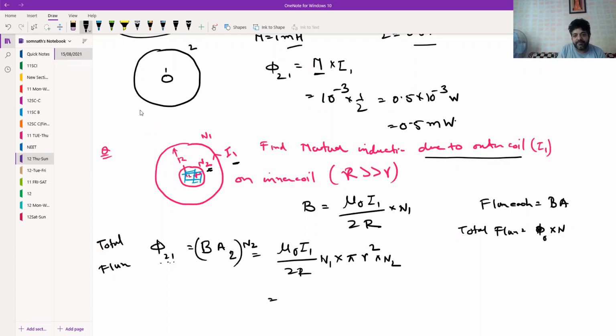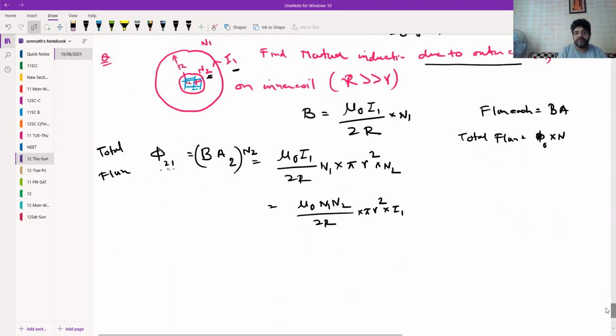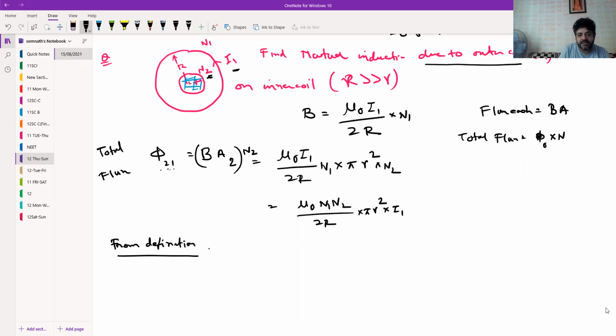So what we have is mu naught N1 into 2R, pi r square into I1. Now, from the definition, what is the definition? The flux at 2 due to 1 is the mutual induction times the current of 1.